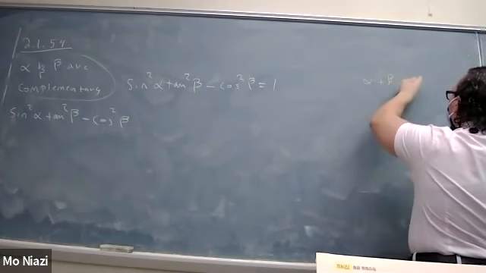Well, let's see if that very one helps. So that means I get sine squared of 90 degrees minus beta, tangent squared beta minus cosine squared beta. But what is this equal to? Remember the cofunction identities?